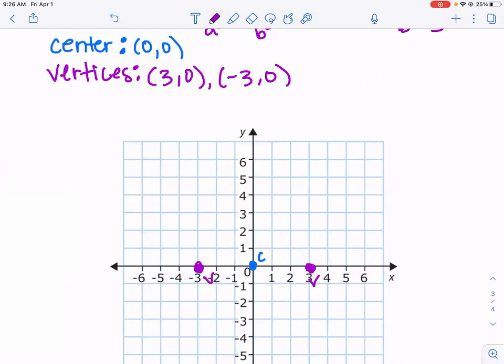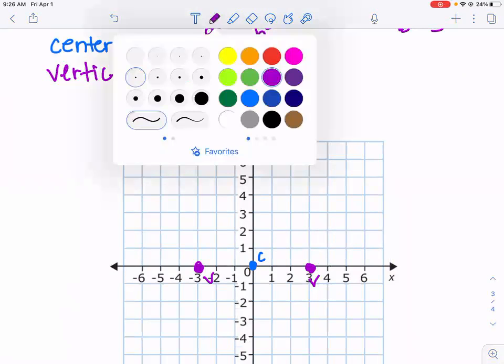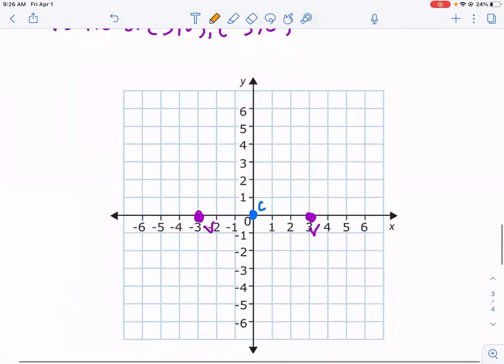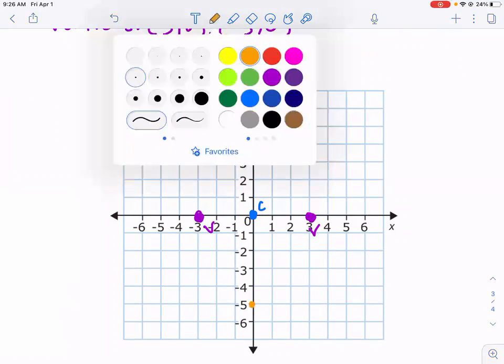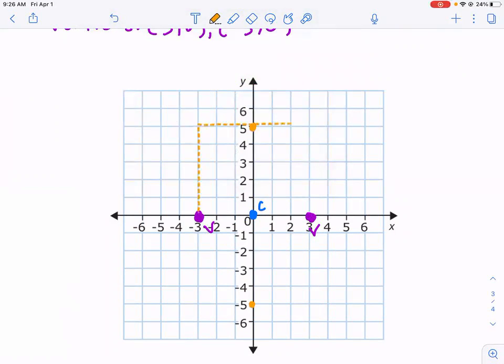B is associated with Y. So I'm going to go up and down B, but we're going to do this really lightly. So I'm going to do this in orange because orange is like my light color. Okay. And then what we're going to do is we're going to make a really, really light dotted box that uses our vertices and those B coordinates that we just plotted. You're going to make it really, really light because it's not actually a part of your graph.